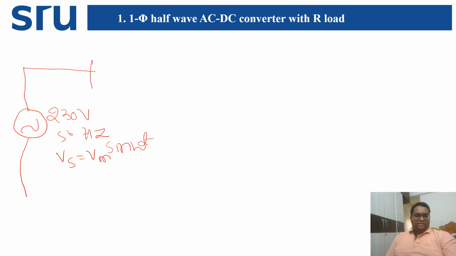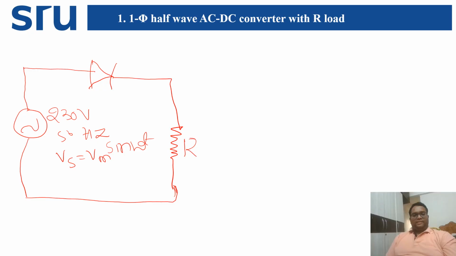Just observe that we are going to use one SCR, and after that a resistive load, and then we connect it over here. Now this is the load, the R load. This is plus and this is minus. Current flowing through the resistor is I naught, and voltage across this resistive load is V naught.